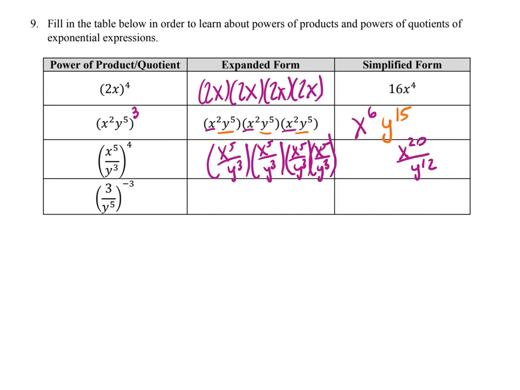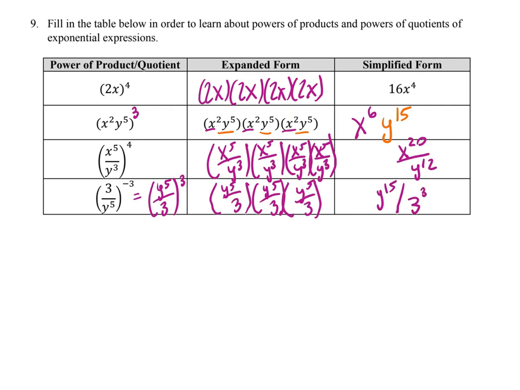And finally, at the bottom here, if we use our negative exponent rule, we can rewrite this as y to the fifth over 3 to the third power, because negative exponents mean we reciprocate. And so now I would have y to the fifth over 3 multiplied by itself 3 times, leaving me with y to the 15th over 3 to the third power, which is also 27.